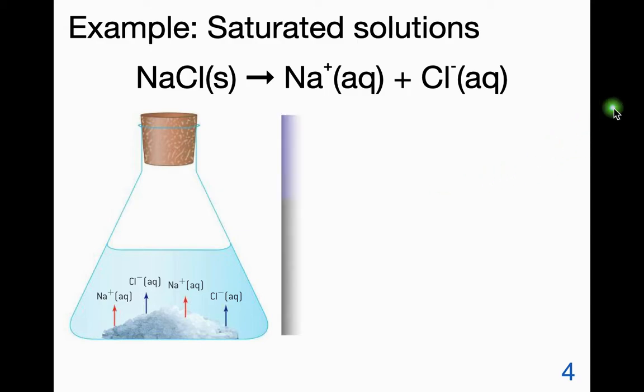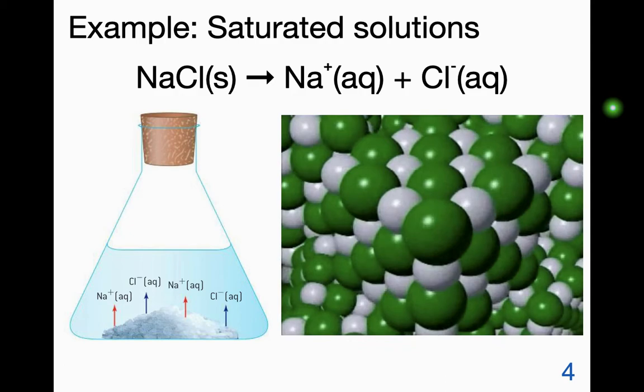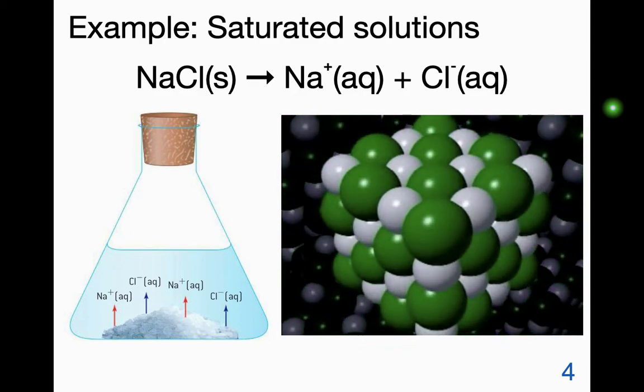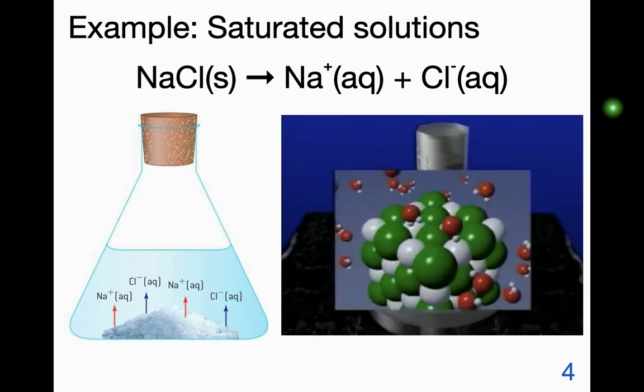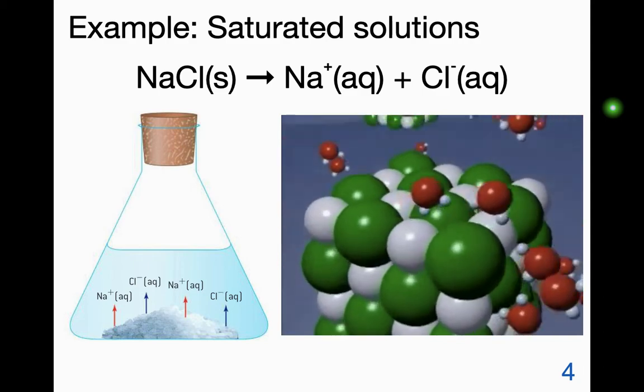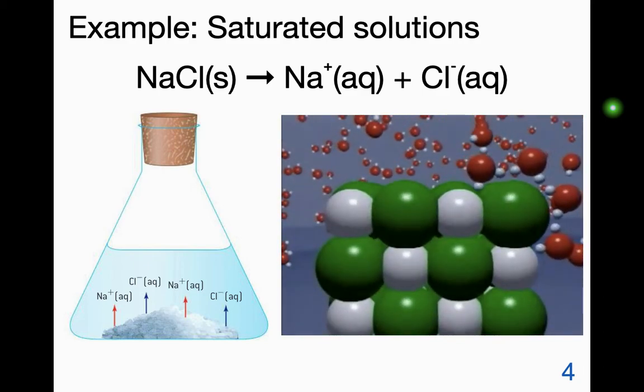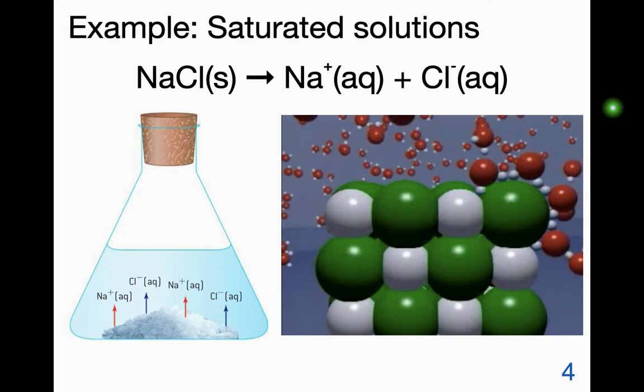Watch this video. Sodium chloride crystals are held together by attractive forces between the positively charged sodium and negatively charged chloride ions. When a crystal of sodium chloride is placed into water, the hydrogen ends of polar water molecules attract the negatively charged chloride ions and gradually surround them.